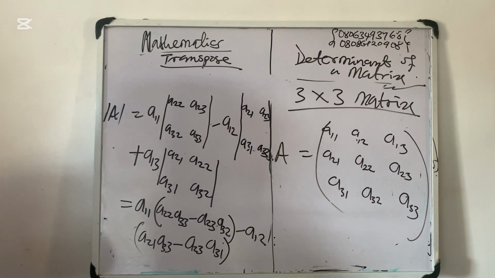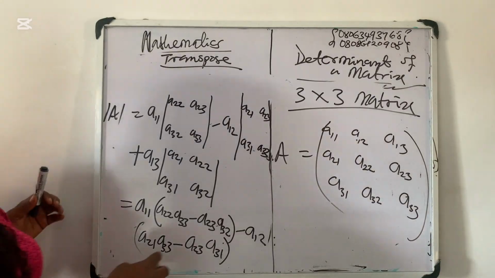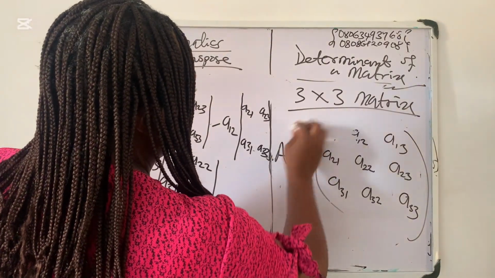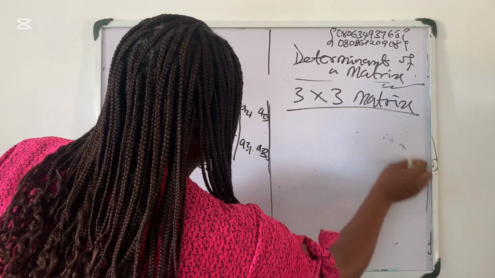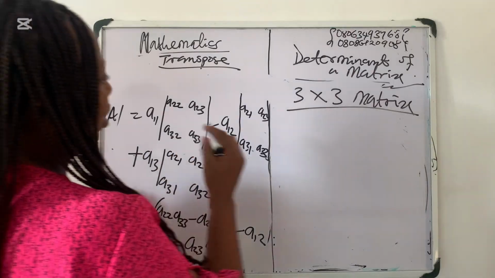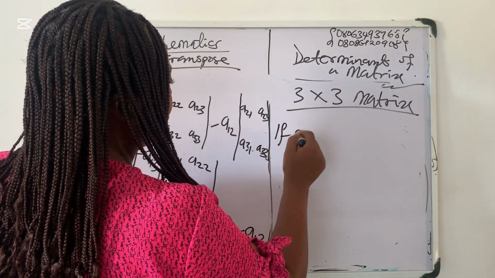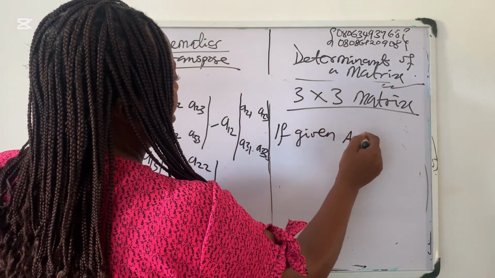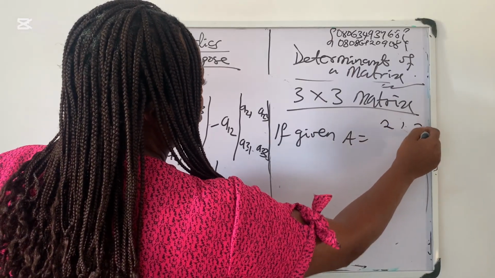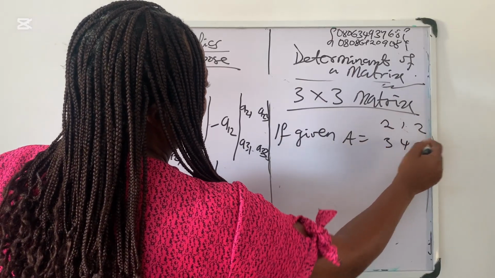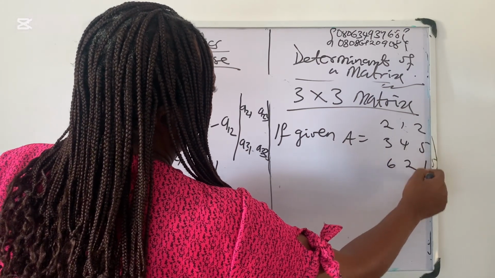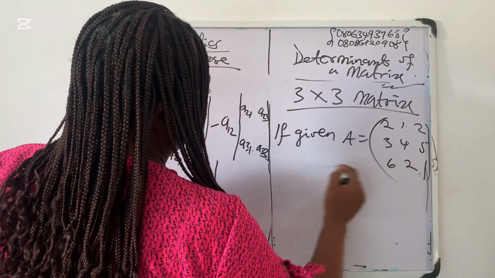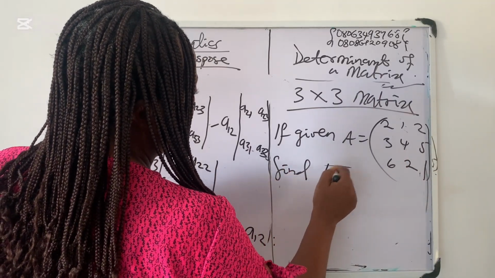Now we're going to use figures so as to have a clearer understanding of what we're talking about when it comes to 3 by 3 order of matrices in finding a determinant. Now, if given A as 2, 1, 2, 3, 4, 5, let's say 6, 2, and 1, find a determinant.